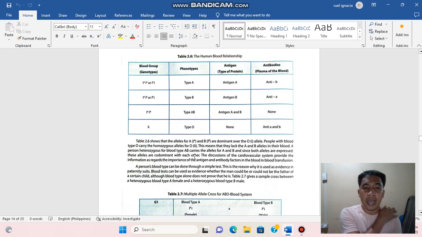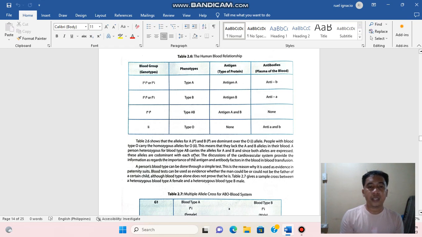Also, a person's blood type can be determined through a simple test. This is the reason why it is used as evidence in paternity suits. Blood typing can be one of the methods used to determine paternity.